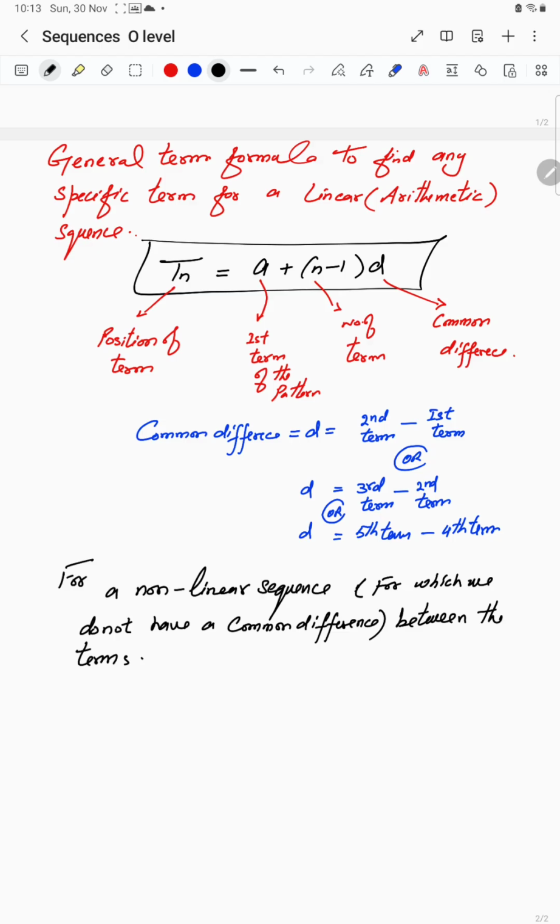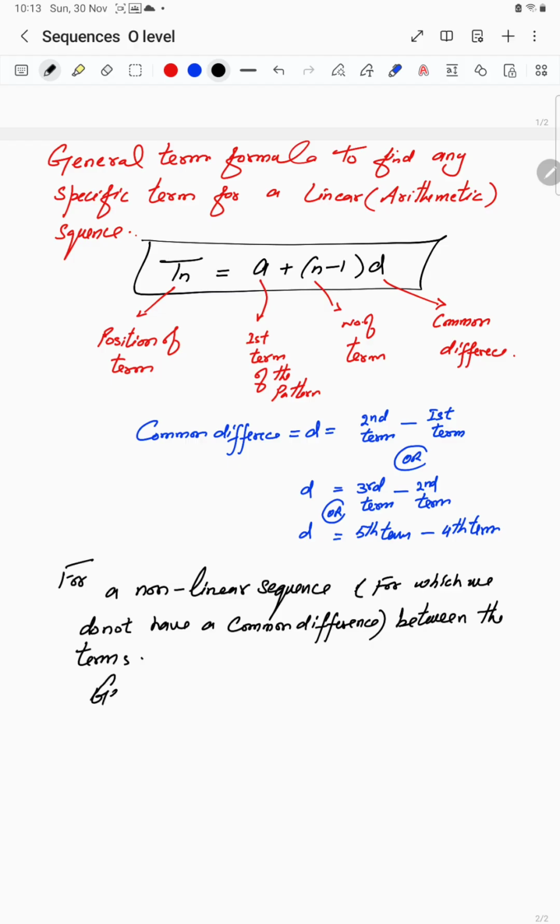For nonlinear sequences, we generally have a geometric sequence.